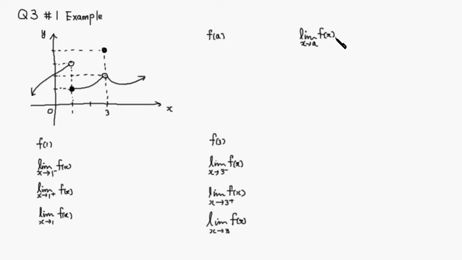Okay, I would like to go over an example similar to quiz number 3, problem number 1, right? So it's a limit problem. When you try to evaluate a function, for example f of a, then we're talking about the real, actual value of the function.